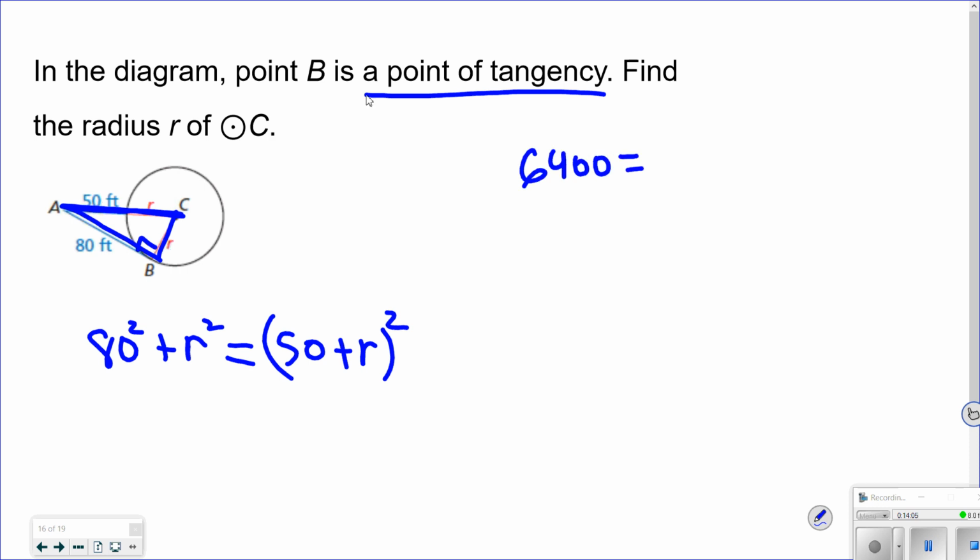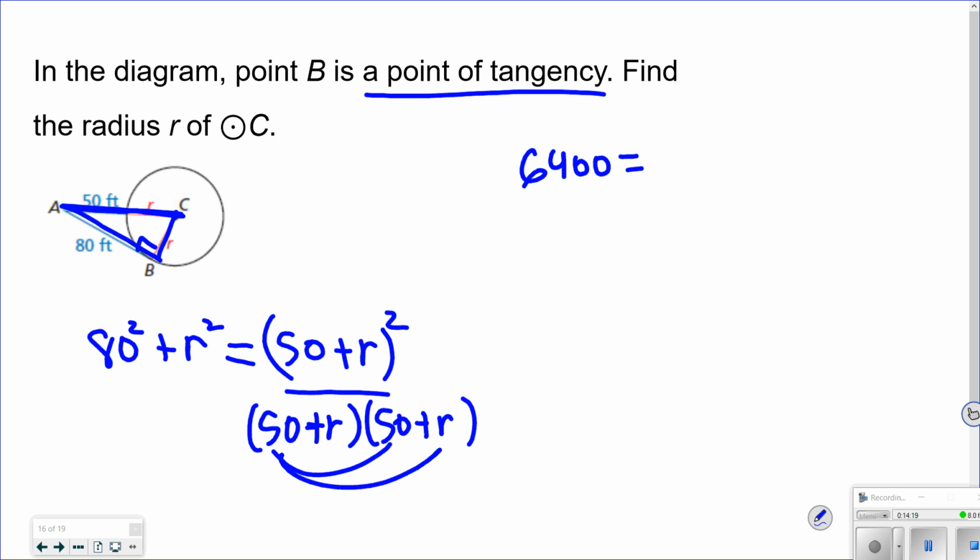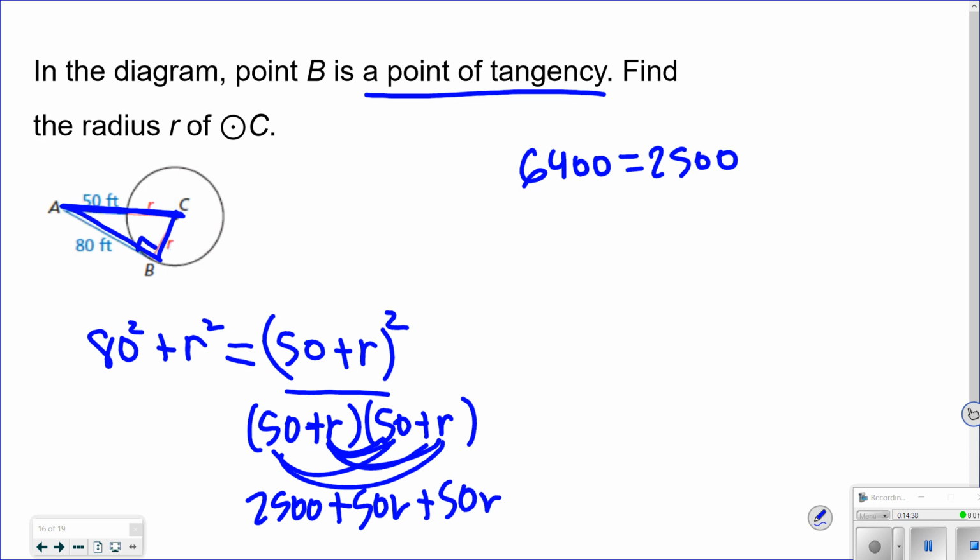Equals, now when I square this right here, remember, that is not just 50 squared plus r squared. You can go like this, 50 plus r times 50 plus r, and do the whole distributive property and multiply it out that way. If you do, you end up with 50 times 50, or 50 squared, which is 2,500, plus 50r plus 50r, plus r squared.